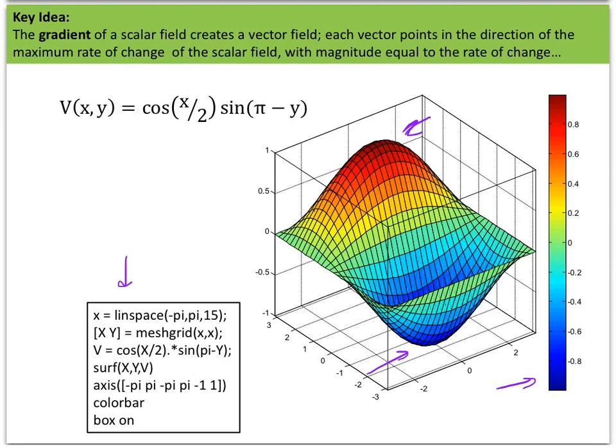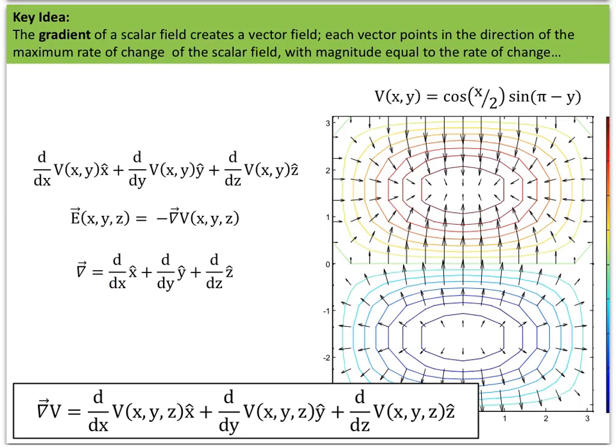And I did this in MATLAB. This is a fairly easy thing to create using that code right there. The definition of a gradient mathematically is given right there. So using this expression for the scalar field, if you take the gradient of it, it gives you a vector field, the rate of change in the x direction and the rate of change in the y direction.